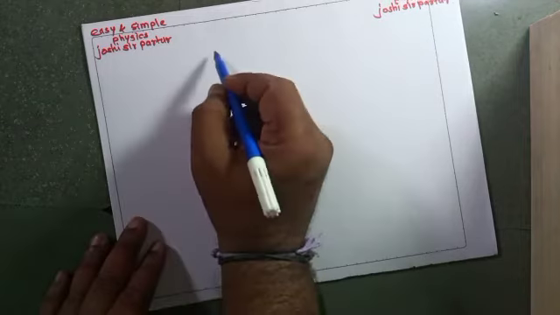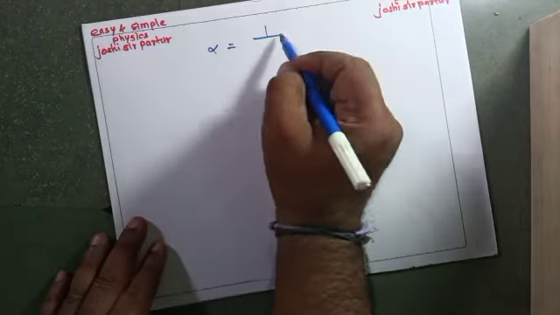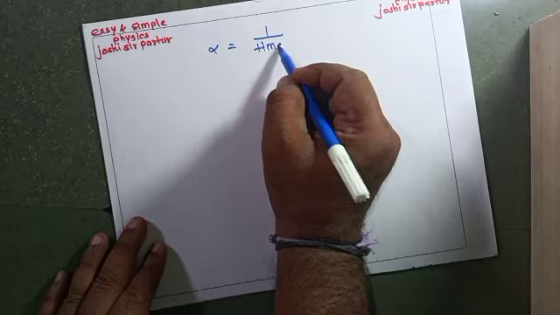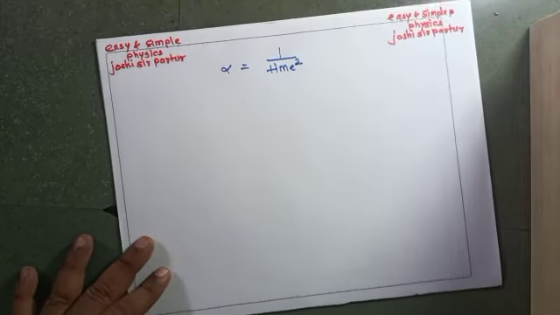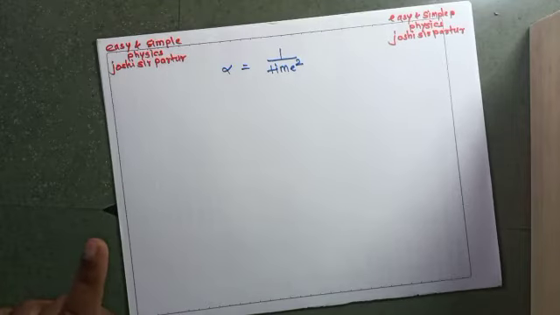So angular acceleration alpha will be 1 upon time square. Just like angular velocity is 1 upon time, angular acceleration is written as 1 upon time square.